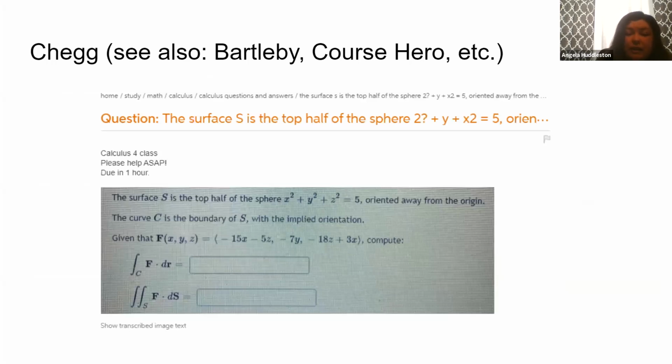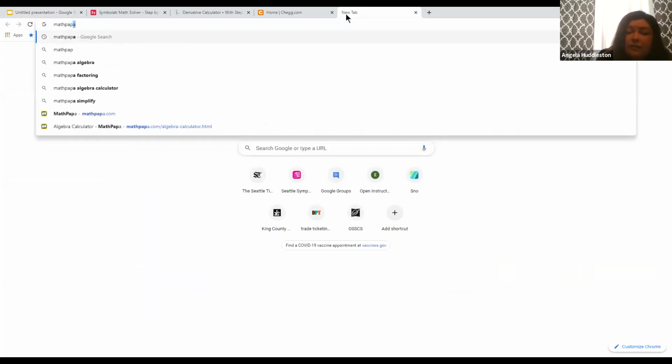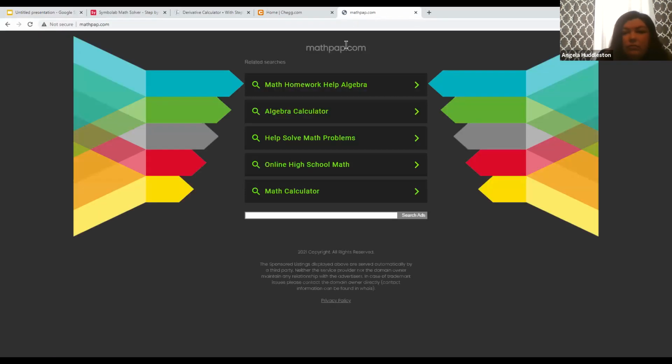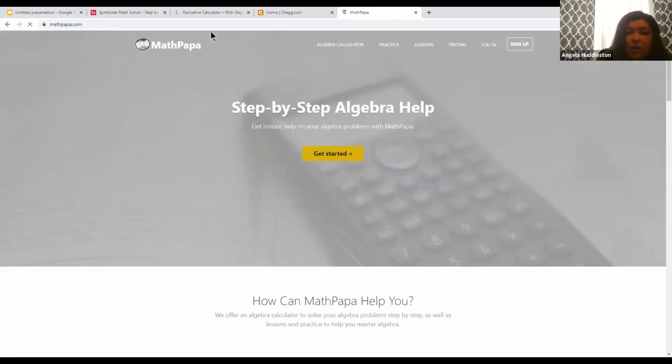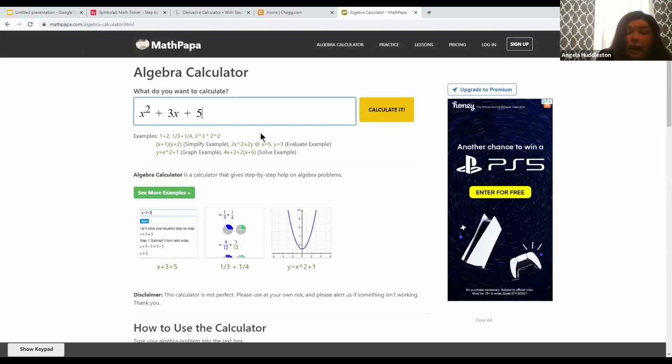Several of my students in college algebra and below just type into a search engine, solve equations, and the first result is this website called mathpapa.com. You just type in any equation. It doesn't matter if it's rational, linear, logarithmic, exponential. You just type in your equation and hit calculate, and it shows them all the steps for free and the answers.